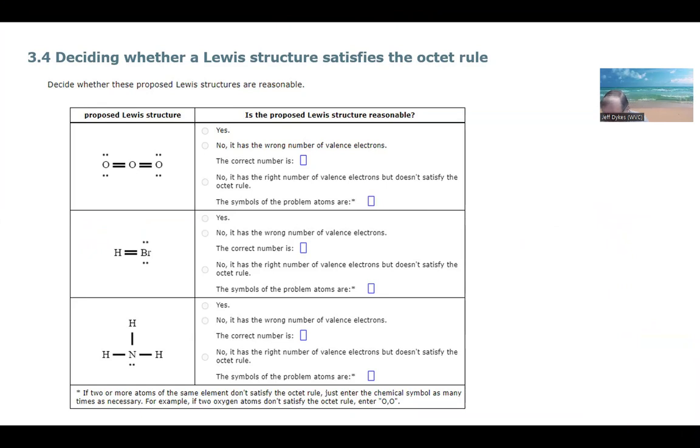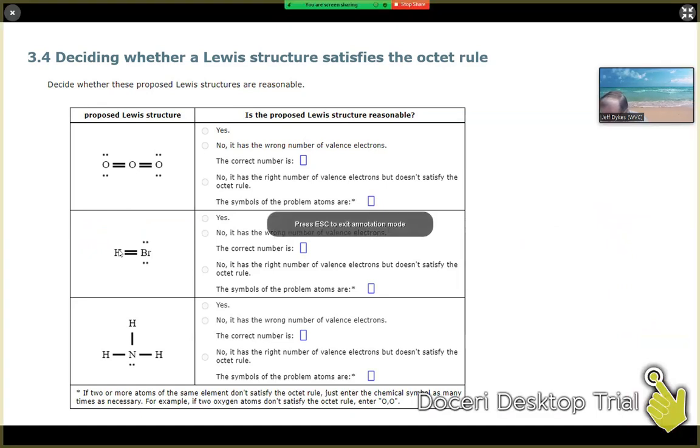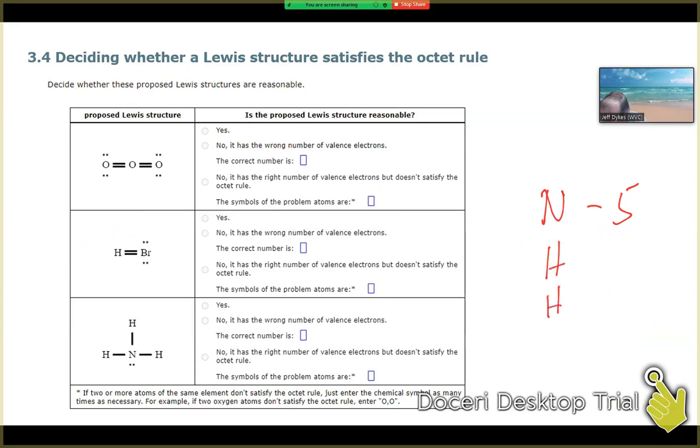And then the third one, with nitrogen. Nitrogen is in group 5, so it has 5 valence electrons, and there are 3 hydrogens with 1 valence electron each. So that means 8 total. We connect these together, with a bond, bond, bond.